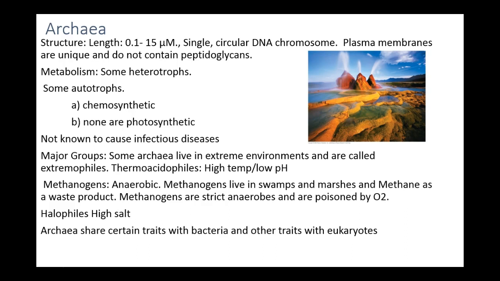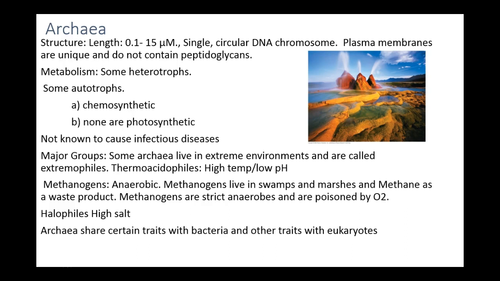Speaking of archaea in general, and very specifically, the archaea is also very small, but slightly larger than bacteria, with a single circular DNA chromosome, which we tend to call a plasmid. There are plasma membranes that are unique without the peptidoglycans, so without that additional layer on the outside.